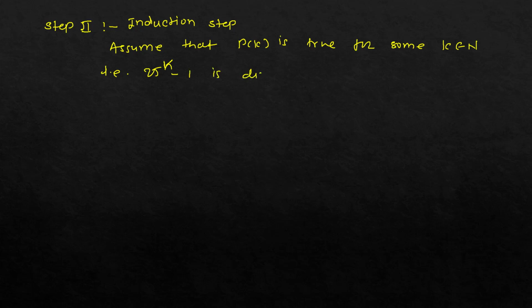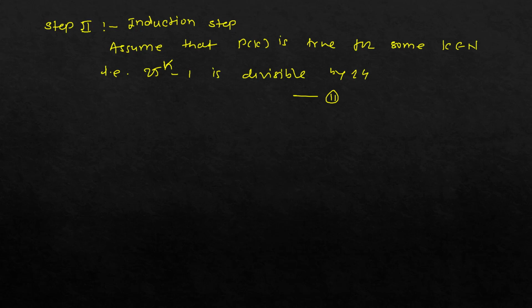We have to assume that P of k is true for some k belongs to capital N. That is 25 raised to n, n is replaced by what? K. N is replaced by k. That is 25 raised to k minus 1 is divisible by 24. Equation number second. Now step number 3.